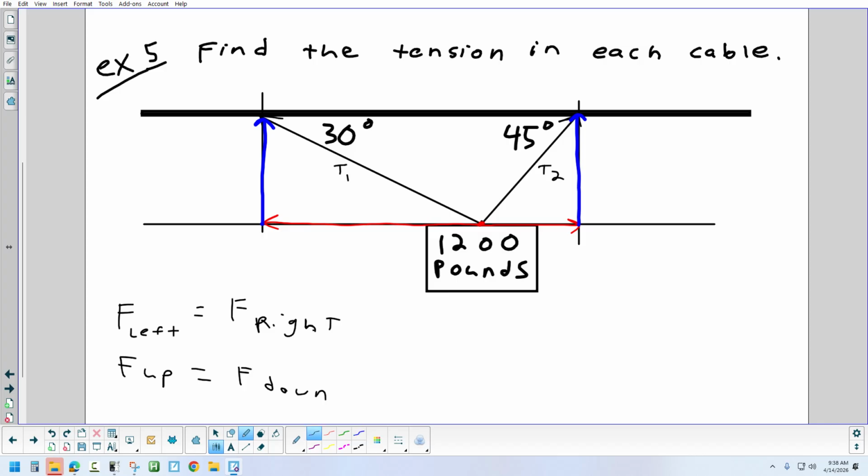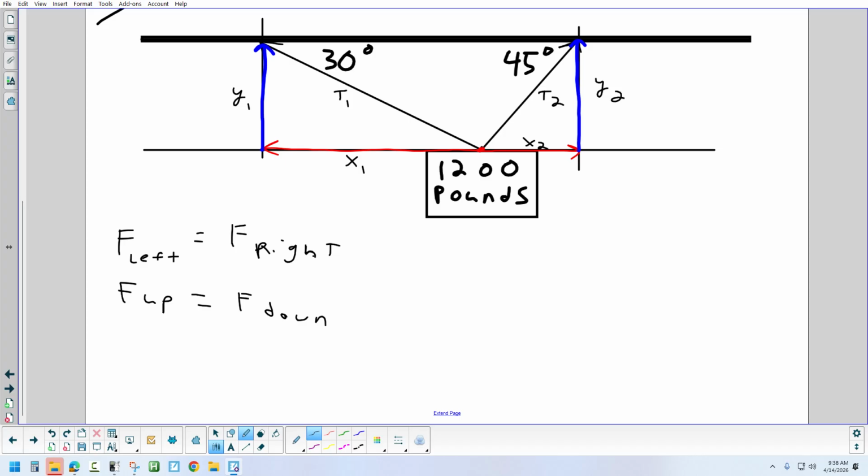Now, to be able to put those into the equation, we need to name all of them. Let's name all the horizontals x's and all the verticals y's, and use the 1 and 2 subscripts: x1, x2, y1, y2. Now I want to translate left, right, up, and down into the vectors in that picture. Let's start with the force left. What are we going to substitute in for the force pulling left?